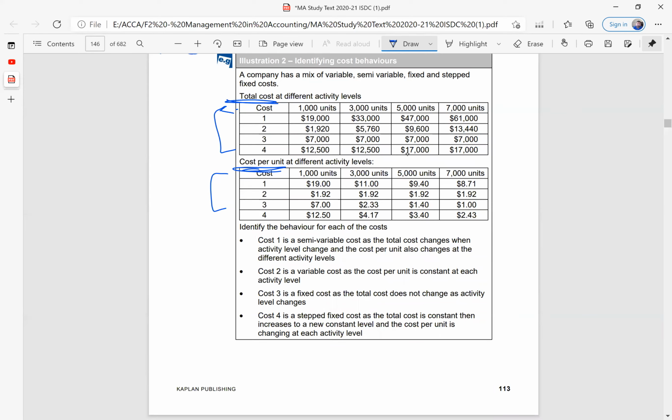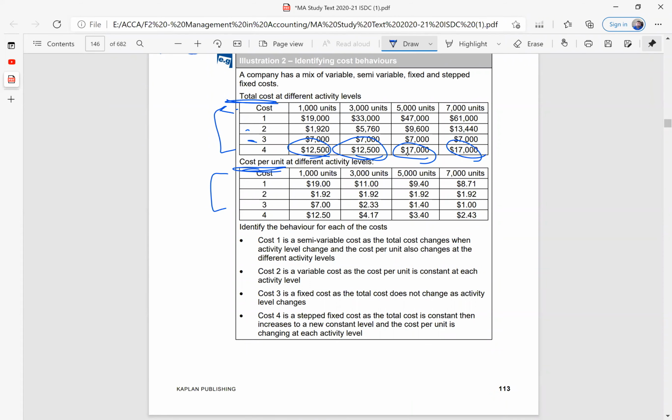If you see, cost 1 is changing, cost 2 is changing, cost 3 is changing. No problem. Cost 4 is remaining constant up till a certain level. My bad, cost 3 was also remaining constant. I did not look at it properly. However, right now we're discussing cost 4. It is increasing after 3000 units, which shows that from 1000 to 3000 it is remaining constant, and from 5000 to 7000 it has increased.